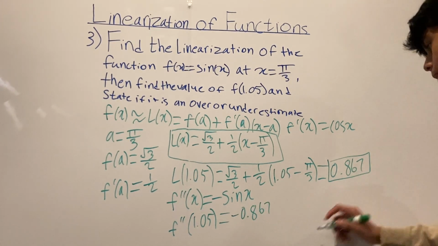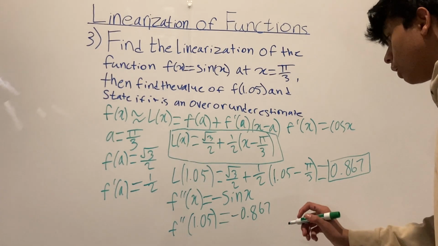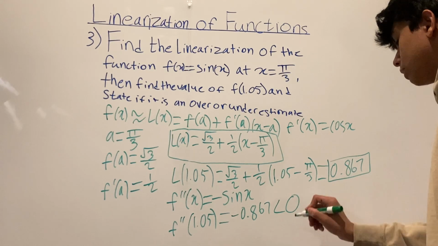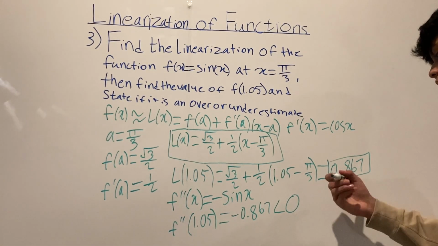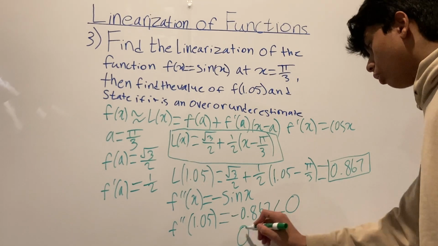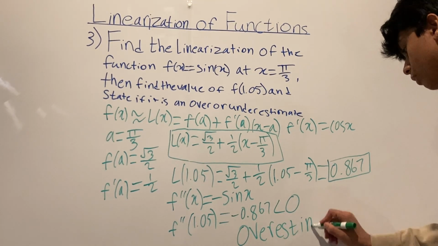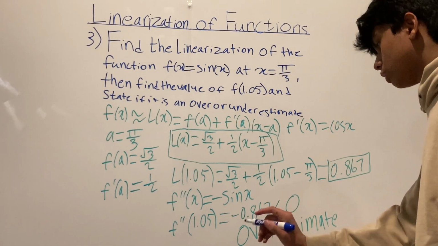There's more numbers, but we can just round it to 3 sig figs. So again, this is negative, which is less than 0. That means the approximation is going to be an overestimate again. And these are our final answers.